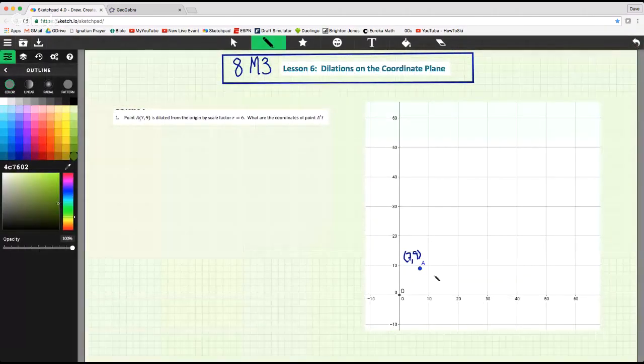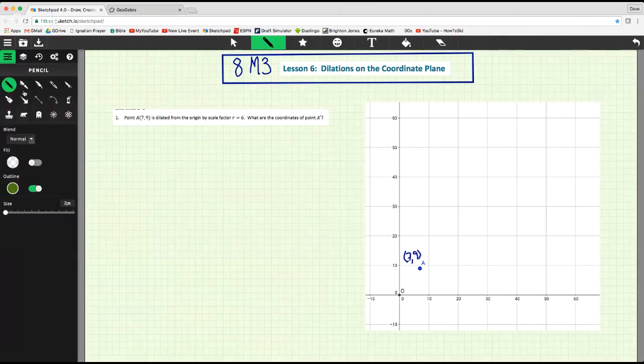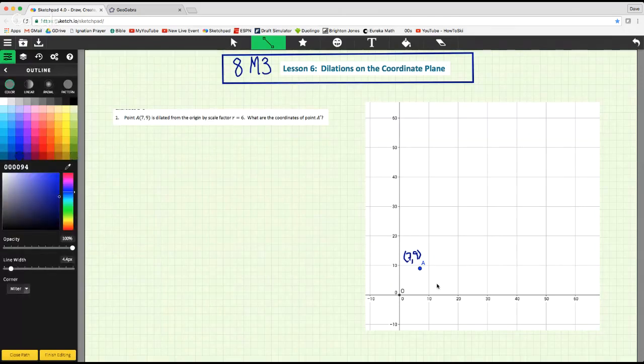We say point A, (7, 9), is dilated from the origin by a scale factor of r equals 6. So what are the coordinates of point A prime? Well, we know from our definition of dilation that the point has got to be somewhere on this line. So let's draw that line here.